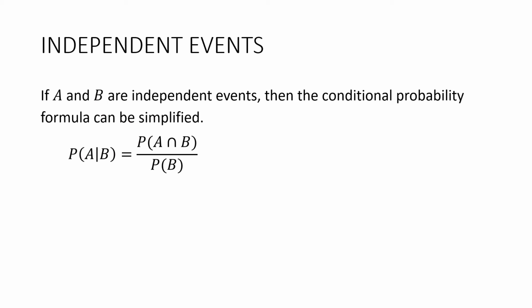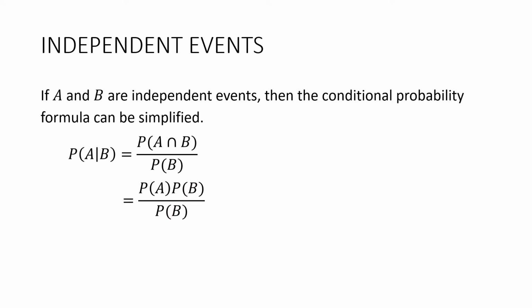Okay, one last thing to finish off. If A and B are independent events, then we can simplify the conditional probability formula. So here's the formula. The probability of A given B is equal to the probability of A intersection B divided by the probability of B. Now we know that if A and B are independent, then this is the same as probability of A multiplied by the probability of B. And have a look at this.